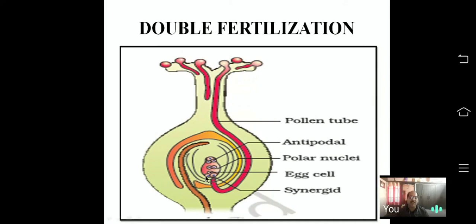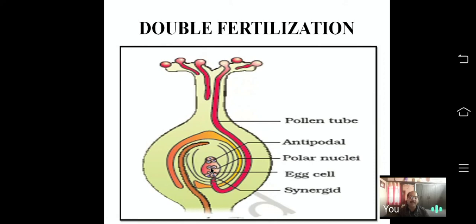After fertilization, the zygote develops into an embryo. After fusion of the central cell and the sperm, there is a formation of the triploid primary endosperm nucleus, commonly called PEN.